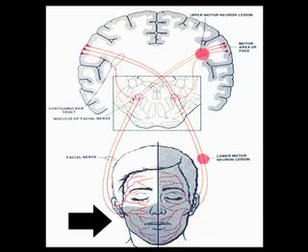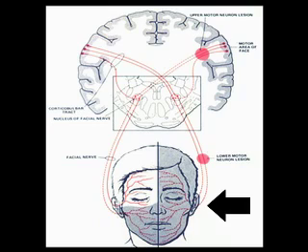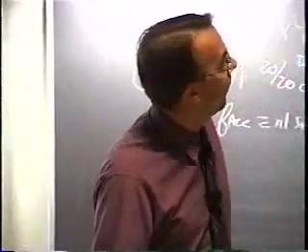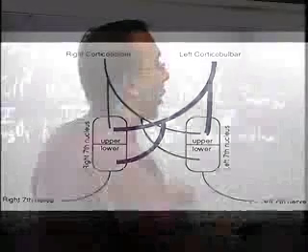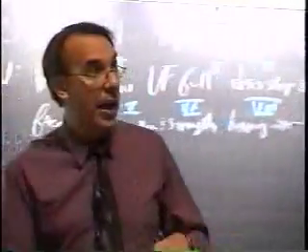But in a lower motor neuron lesion, you see the whole side of the face is involved, including the forehead, which is the key finding. Okay, so again, the one corticobulbar tract on one side gets the upper part of both nuclei, but gets the lower part only of the contralateral nuclei, and that's why if you get a corticobulbar lesion, you only lose the lower part of the face on the contralateral side. Right?